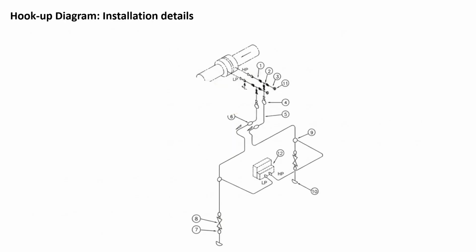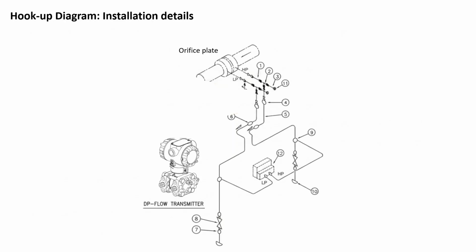Now, let's talk about hookup diagrams. These are wonderfully practical documents. A hookup diagram, sometimes called an installation detail, shows you exactly how an instrument physically connects to the process. Imagine you have a differential pressure transmitter that needs to be connected to an orifice plate on a gas pipeline.